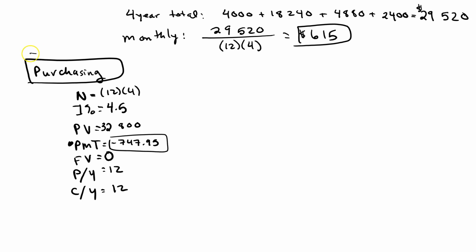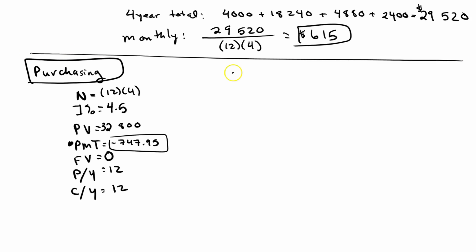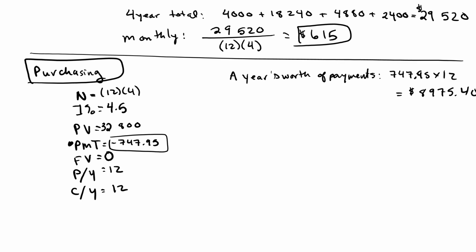So a year's worth of payments is going to be 747.95 times 12, which is a grand total of $8,975.40.